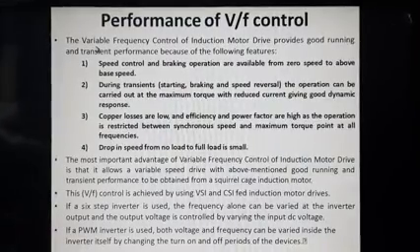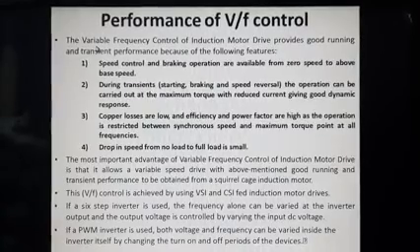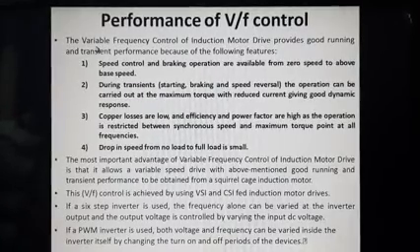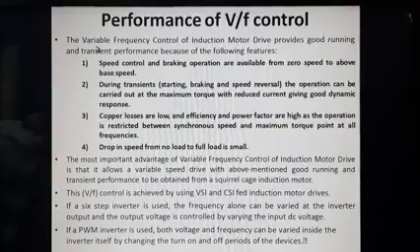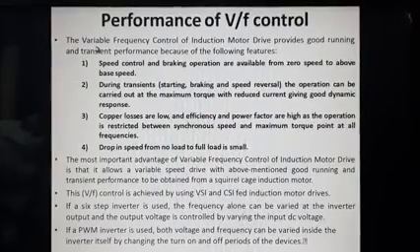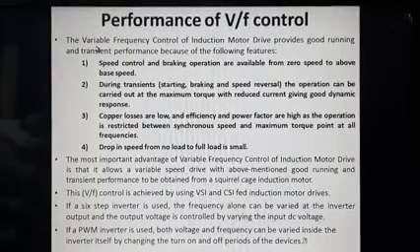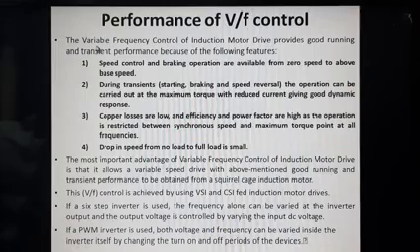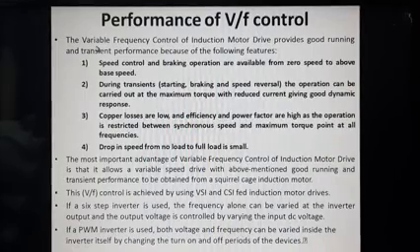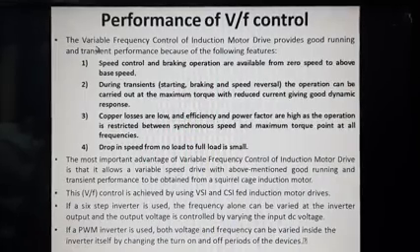In this slide, I will be explaining the performance of V by F control. The best part of this V by F control technique, compared with just varying the frequency, is that the induction motor does not have the transition from the knee point to the saturation region.